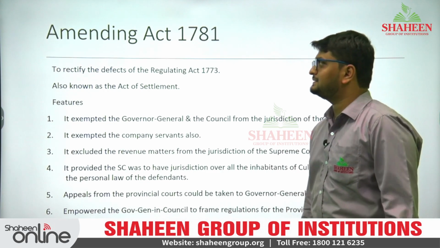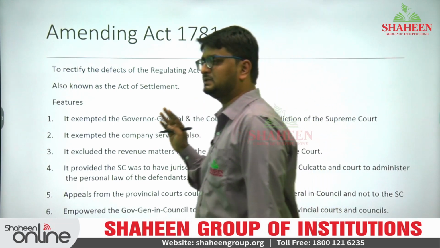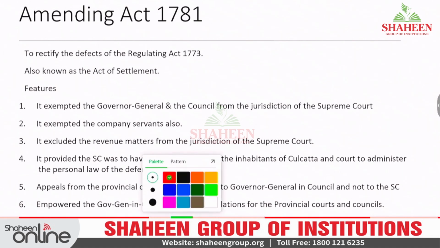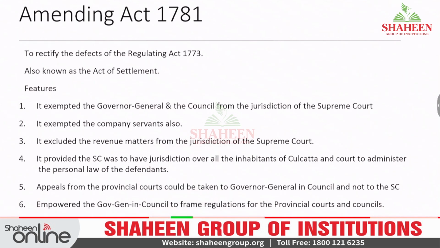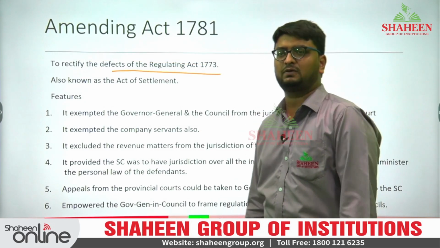The next act is the Amending Act of 1781, which came after the Regulating Act. The main purpose for which the Amending Act was enacted was to rectify the defects of the Regulating Act of 1773.